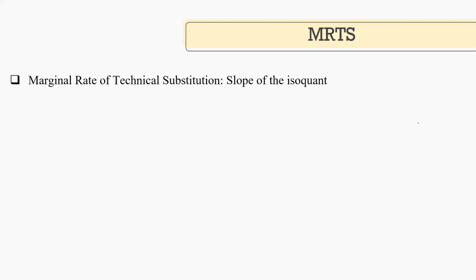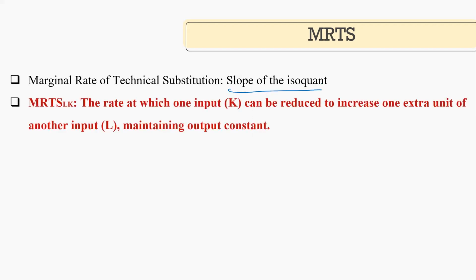Now let's talk about the marginal rate of technical substitution. Marginal rate of technical substitution is nothing but the slope of the isoquant. So it is the rate at which one input can be reduced to increase one extra unit of another input, maintaining the output constant.